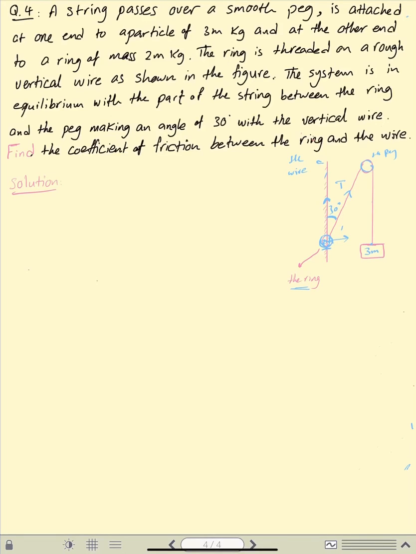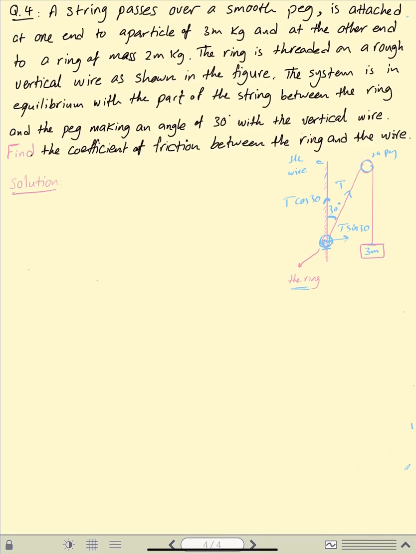So this one is T sine 30, and this one is T cosine 30. Simple like this.